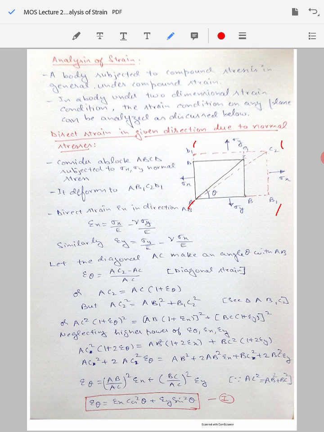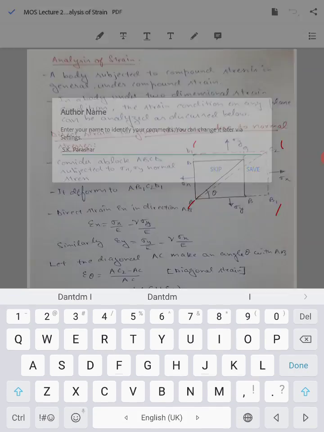The length AB has increased from AB to AB1. Our height AD has changed to AD1, or BC has changed to B1 C2. So this is the deformation which has taken place.